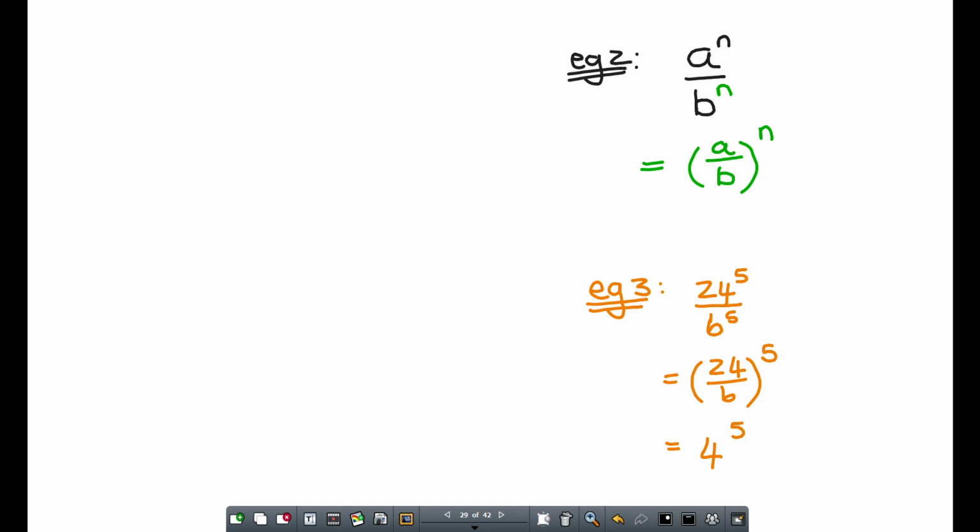Okay, now, look, you can still, if you want, keep your brackets around it. But why am I allowed to now write it without brackets? Yes, it's just one thing. So it's obvious that if that is to the power of 5, the to the power of 5 applies to the 4, and the 4 only.